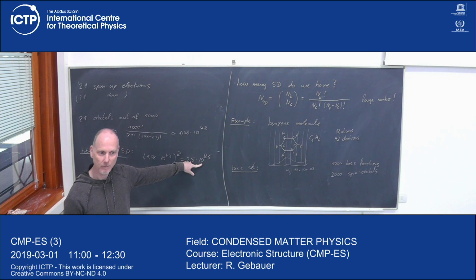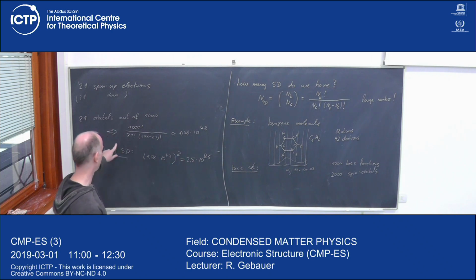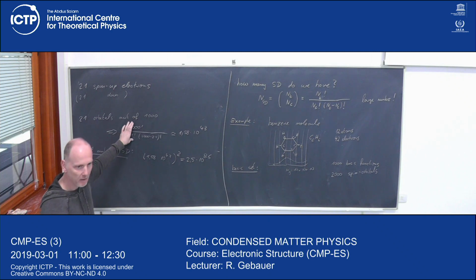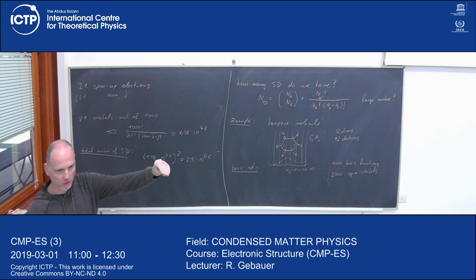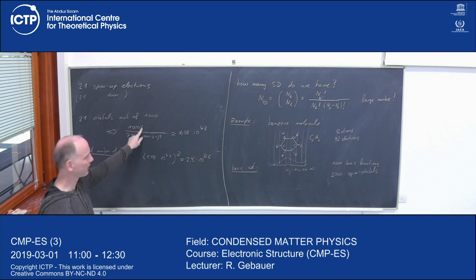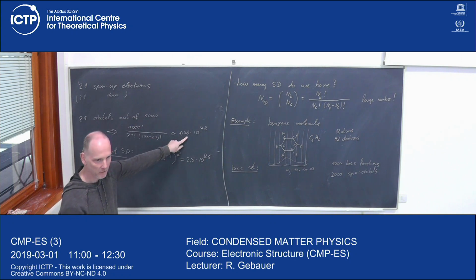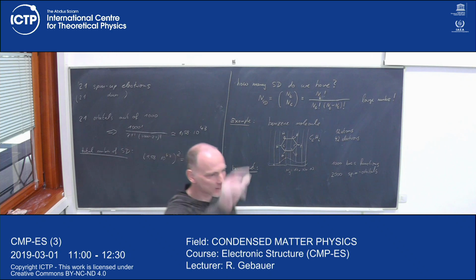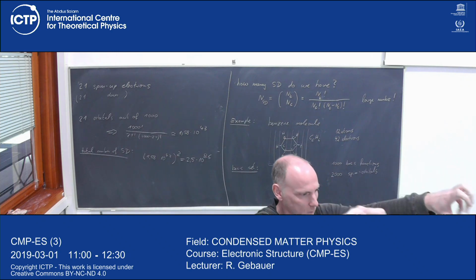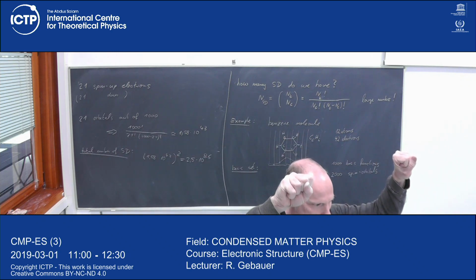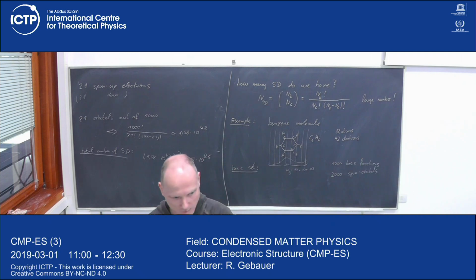Please explain how you get the total number of this. So you agree that for the spin up, I have 21 orbitals which I choose out of 1000, and combinatorially this is this number. Now you do this in spin up, and you have chosen 21 spin up orbitals. You do exactly the same for the spin down.